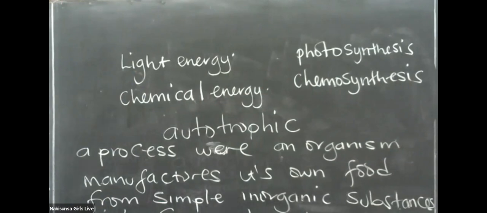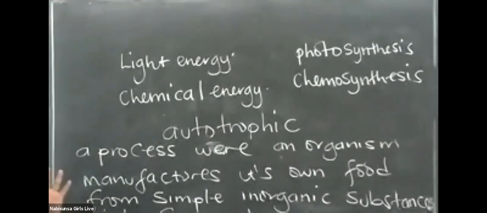So what does that mean? At this point I can say there are two forms of autotrophic nutrition, depending on the energy they utilize in manufacturing their own food. If they utilize light energy, that form of autotrophic nutrition will be called photosynthesis.